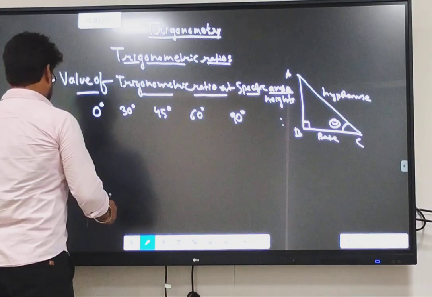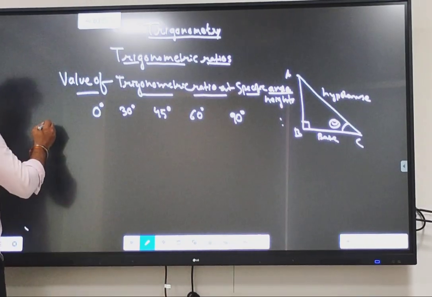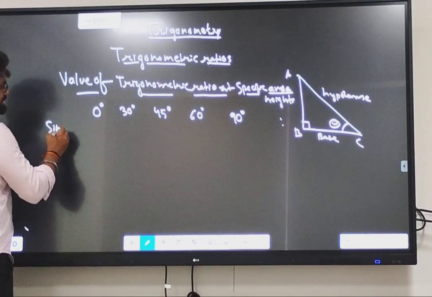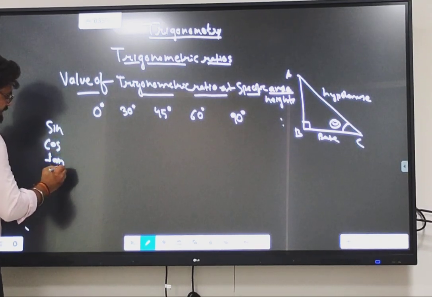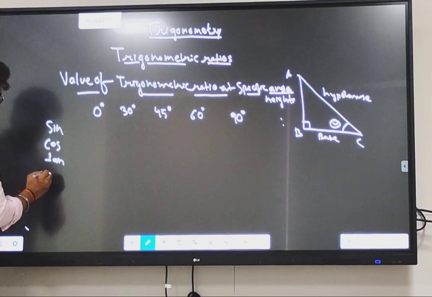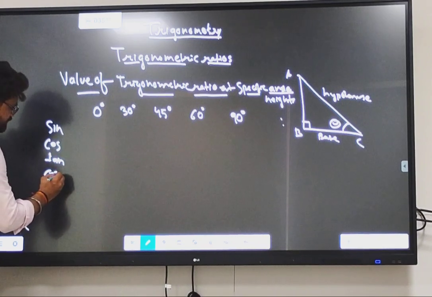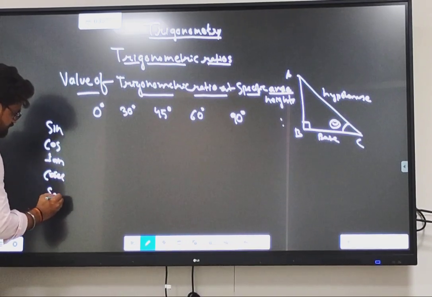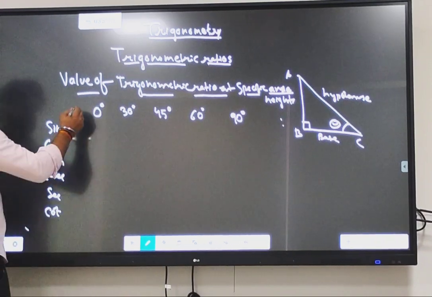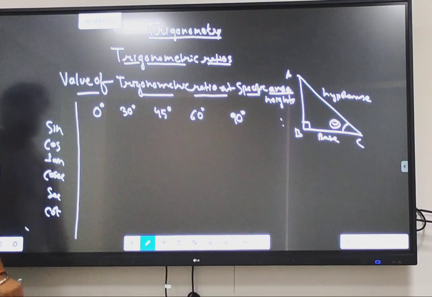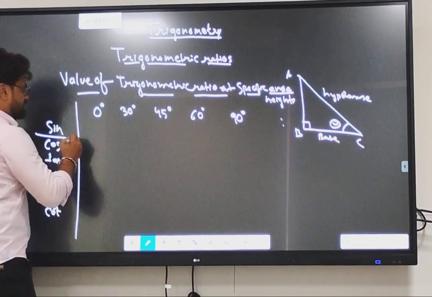Now if I take all the ratios, that is sine, cos, tan, and then cosec, sec and cot, what are the values of these ratios at these angles?